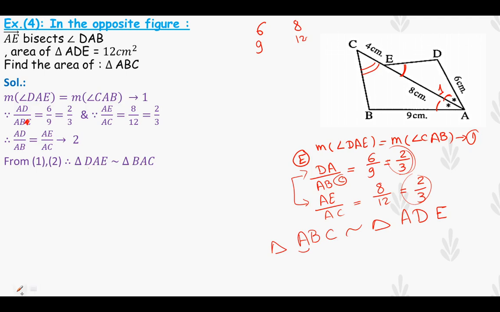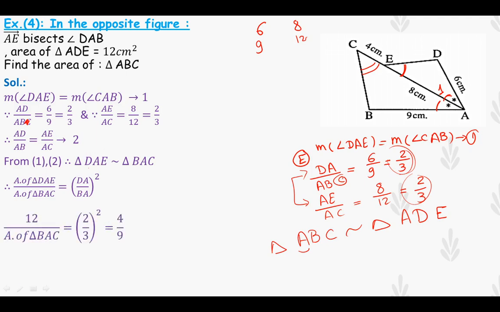And from similarity, the area of triangle DAE over the area of triangle BAC equals the square of any two corresponding sides. Here I write DA because DA corresponds to BA. The area of triangle DAE is given, it equals 12 centimeter square, over the area of triangle BAC, which we want to find.